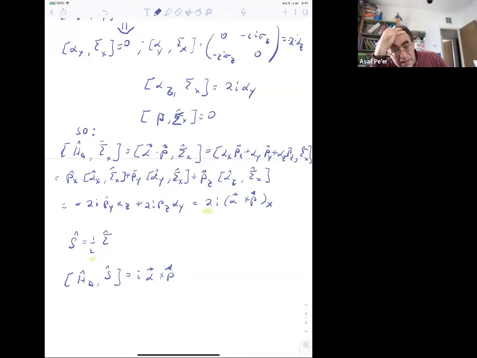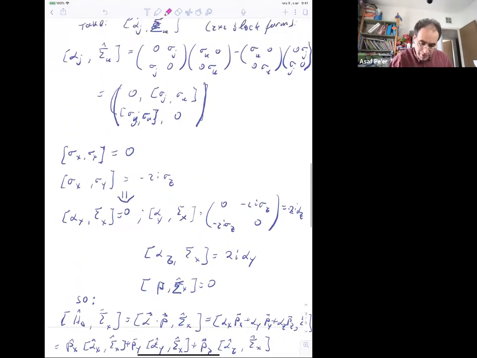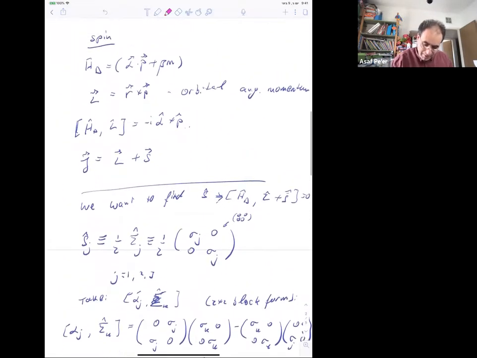So we ended up that the operator S that we defined also does not commute with the Hamiltonian. But by now, I'm not worried about that at all, because I compare the commutation relation of S with the Hamiltonian with the commutation relation of L with the Hamiltonian, right?